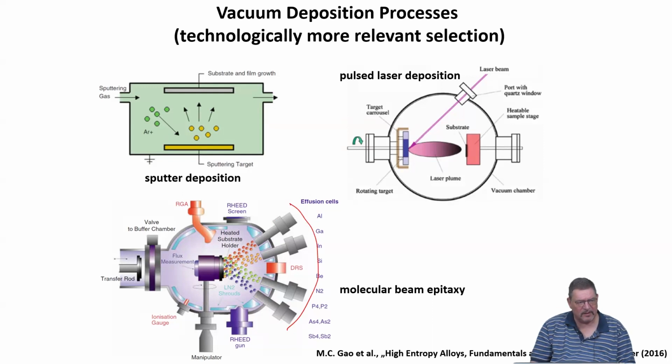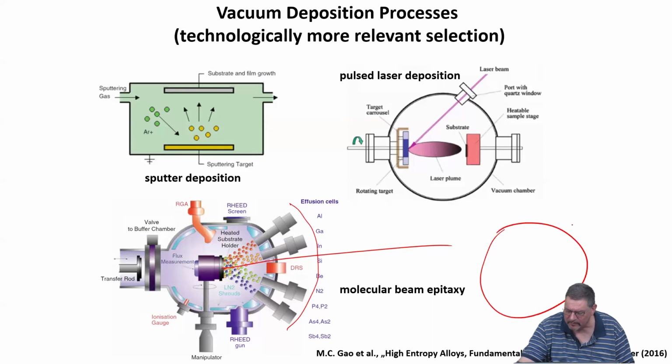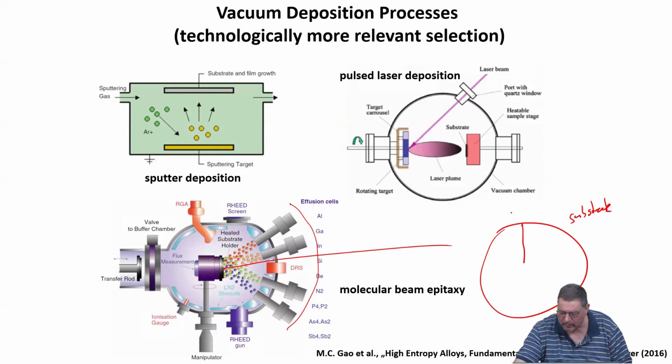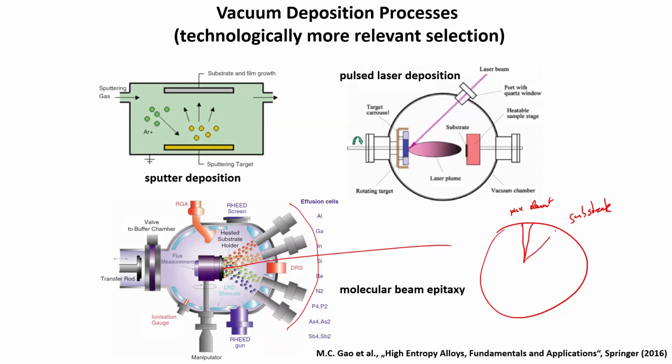And something like this is done in this rapid throughput, high entropy studies in experiment, because here you have, if we do a plane view of the substrate, a shutter going also over your sample, and so you maybe start up with a pure element, then you have a binary, ternary, and so on.